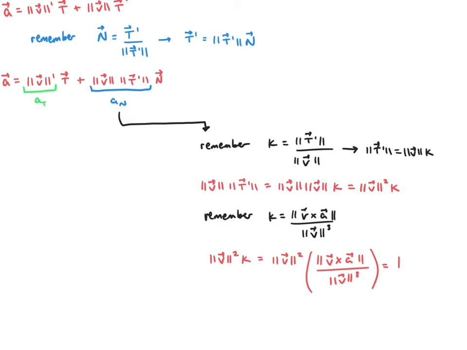And what we get is the magnitude of V crossed with A divided by the magnitude of V. And that is your very first formula, or I should say the formula written in your notes for the normal component of acceleration, or in other words, this is the scale of the vector N.